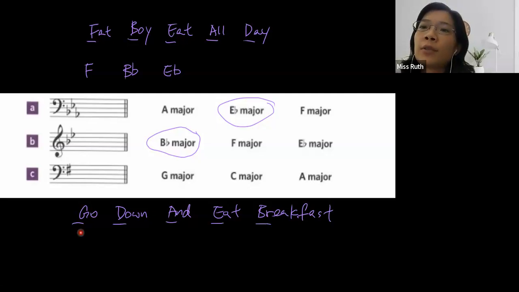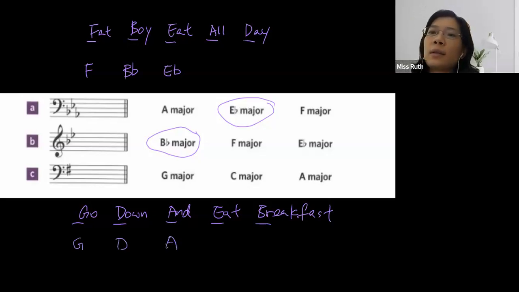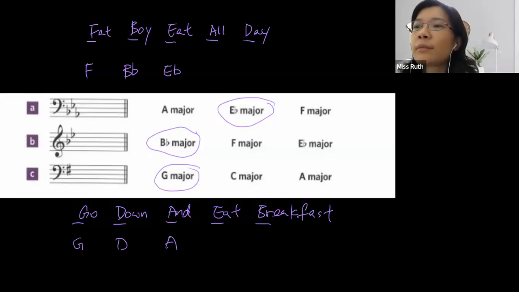So it's G major, D major, A major that we need to know in the grade 2 syllabus. And then, so this one with one sharp should be G major. So F sharp is related to G major in the key signature. So that's how we should find out.